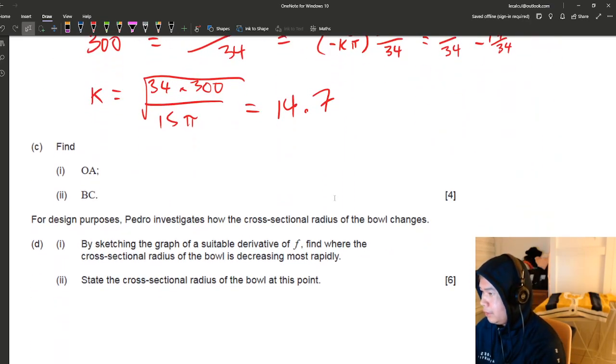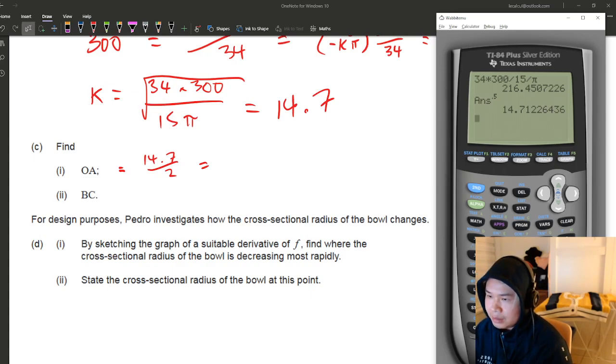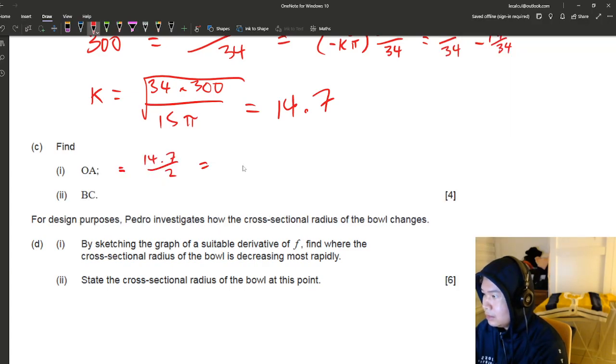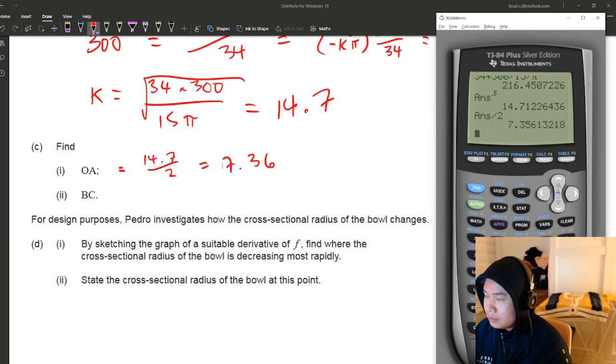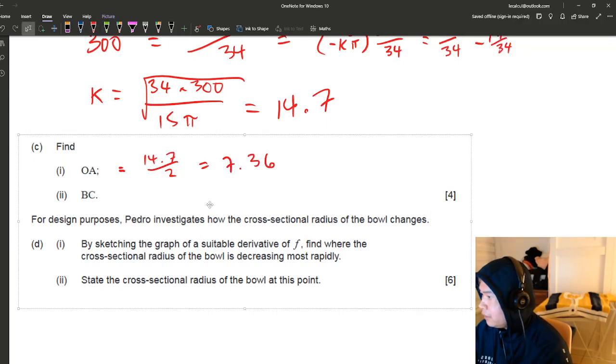Okay, so OA is 14.7 divided by 2, so I'm going to just take this number divided by 2, 7.36. Or whatever.